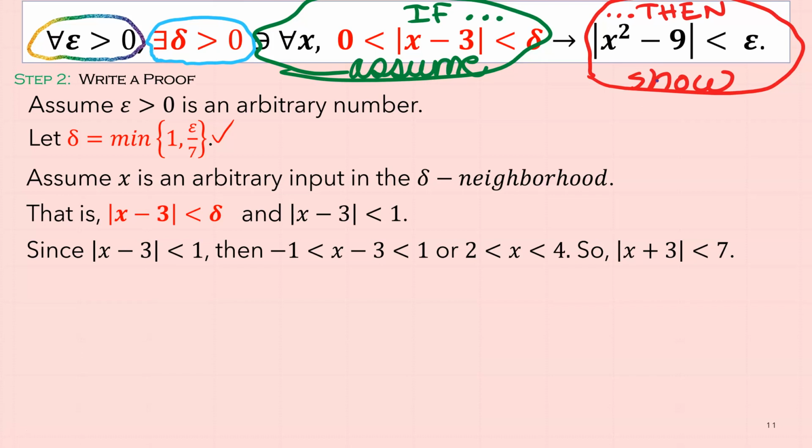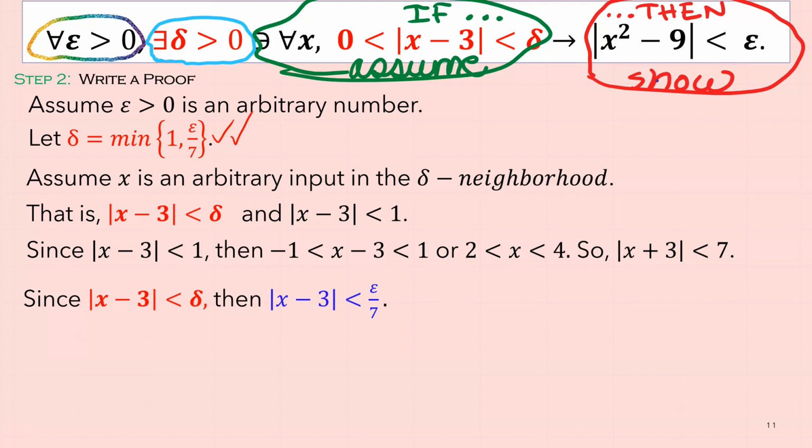All right, so now we just established that the absolute value of x plus 3 is less than 7. Now, we also know that the absolute value of x minus 3 is less than delta, so then the absolute value of x minus 3 is going to have to be less than epsilon over 7, because that is what we let delta be, right?